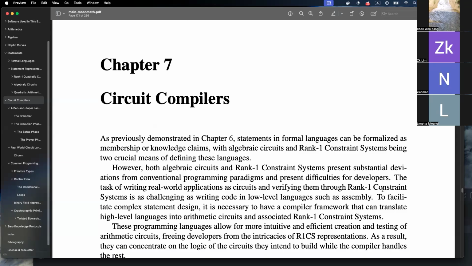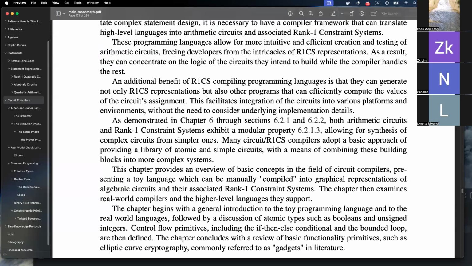It helps us write a ZK friendly program, or a program that we want to ZKify, a lot easier. That's also why there's this saying of programmable cryptography, where you can essentially program your own cryptography using ZK. Fun stuff. That's why we are interested in circuit compilers.